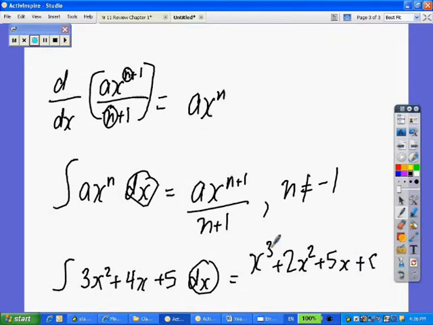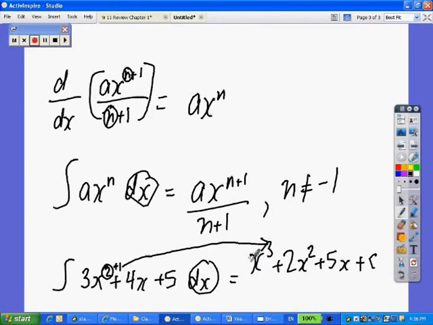So how do we get all those? Well, we just work backwards. We started with this and we added 1 to the power, so 2 plus 1 gives us our 3 right here.